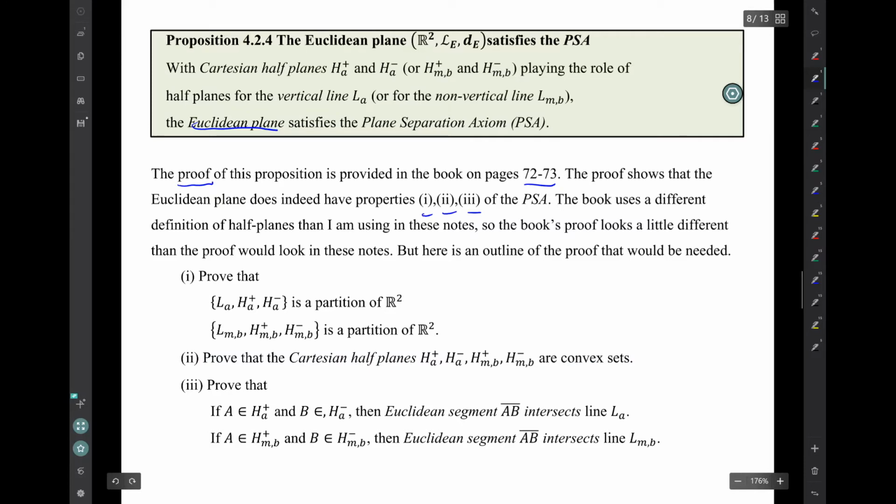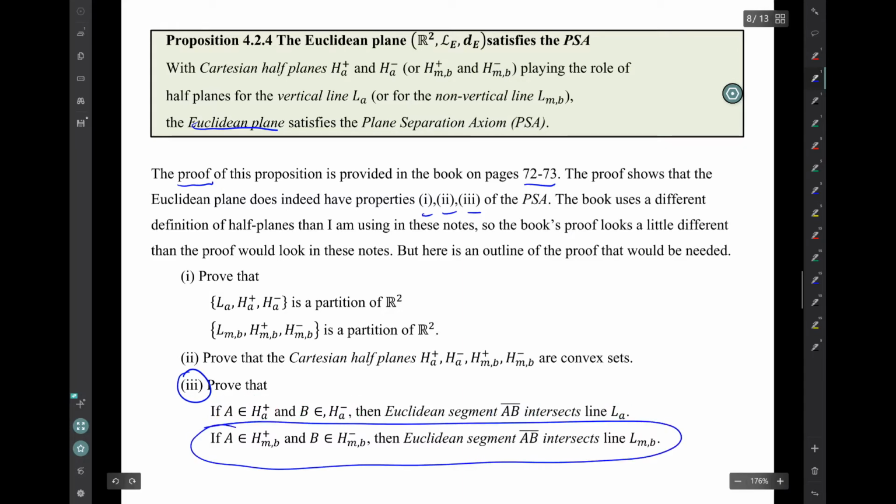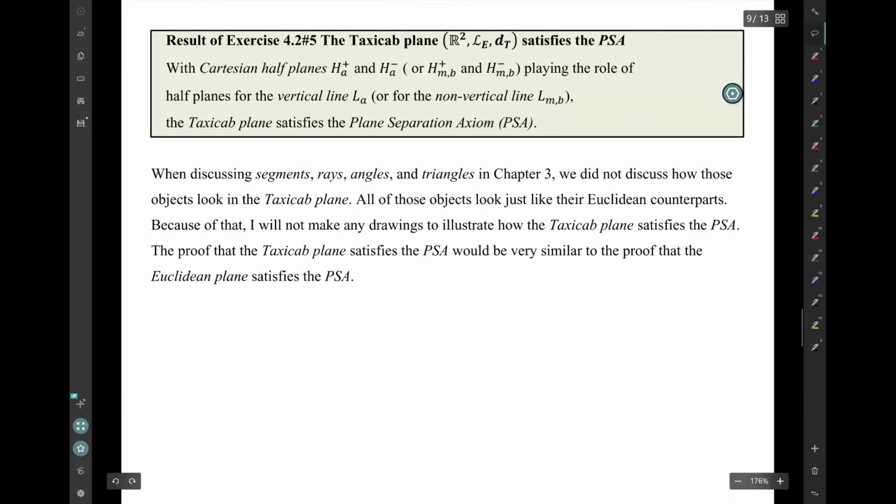And then finally, the proof part 3 would need to be the proof that the Euclidean plane does have this property that if you have a point A that's in one of the plus half-planes and a point B that's in one of the minus half-planes, then the segment that connects A and B does intersect that line. And the proof would need to show that that happens for vertical lines and their associated half-planes, and also for non-vertical lines and their associated half-planes.